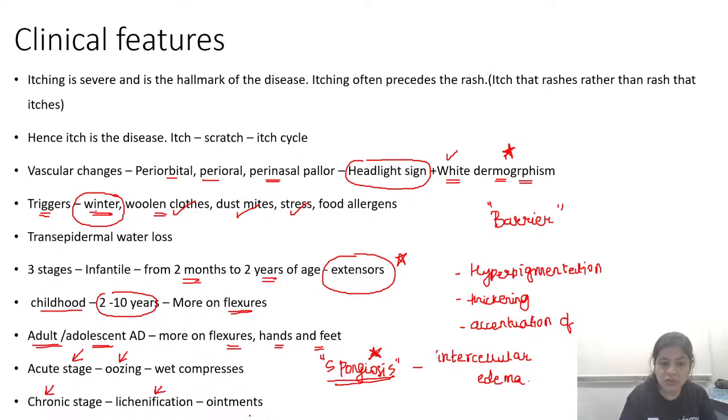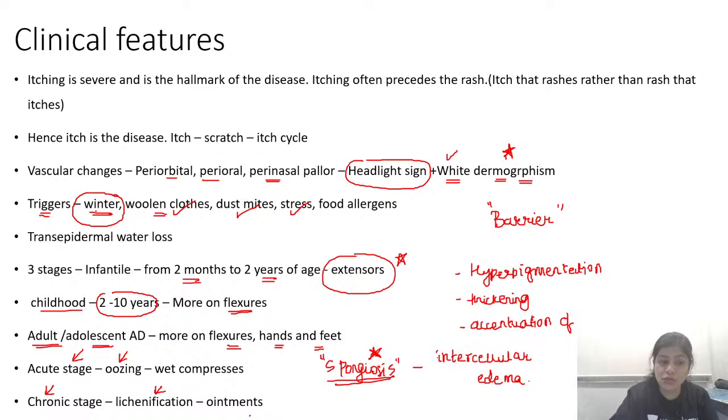You will prefer to use an ointment, because ointment will have an oily base. Hence it will help the occlusive effect as well as improve the penetration of the active component, that is the steroid, within the skin. So that is something that you need to remember.